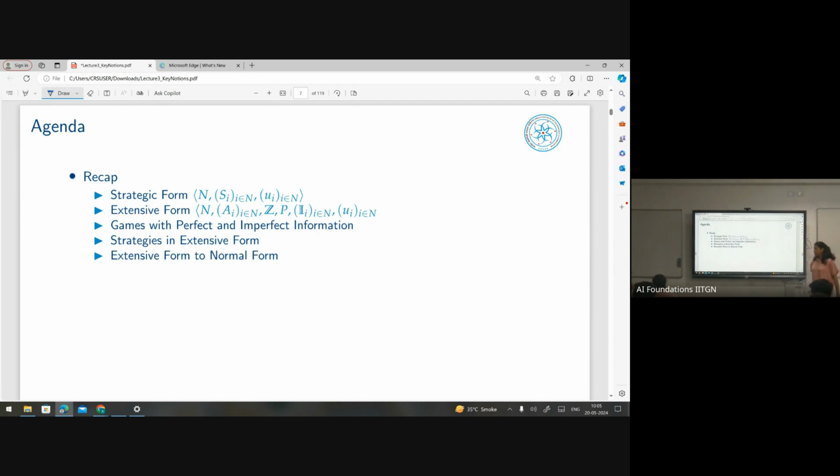Then we had ways to convert, so we had ways in which we can represent an extensive form in a normal or strategic form. Okay? And we also had one thing, that you could represent multiple extensive form games using a single strategic form. Those were the things that we saw in the previous days.